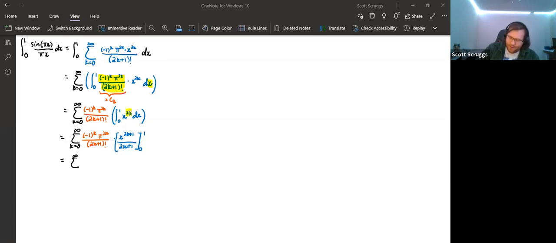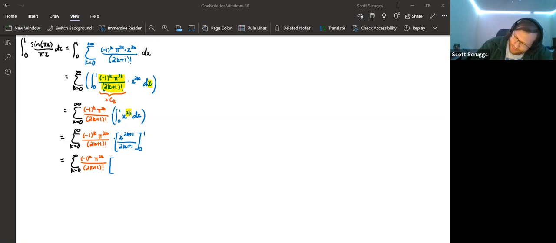Sum k equals 0 to infinity, (-1)^k pi^(2k) over (2k+1) factorial. The fundamental theorem of calculus says evaluate my antiderivative at the upper bound, subtracted by the antiderivative evaluated at the lower bound.